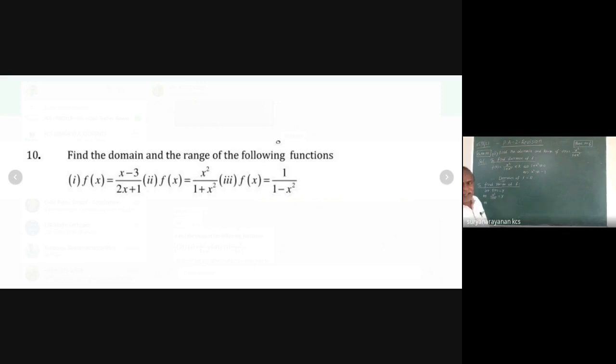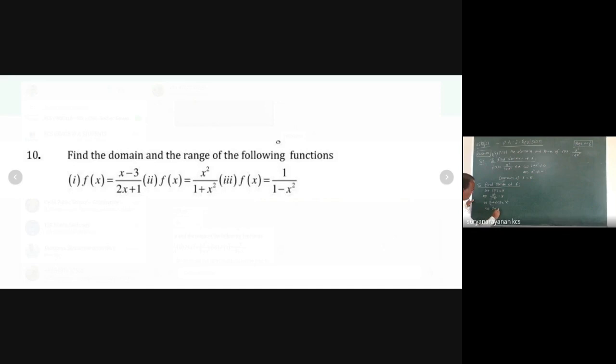So from this equation, we have to find the value of x in terms of y. Previously I told you, finding range of a given function. So cross multiplication: 1 plus x square into y is equal to x square.